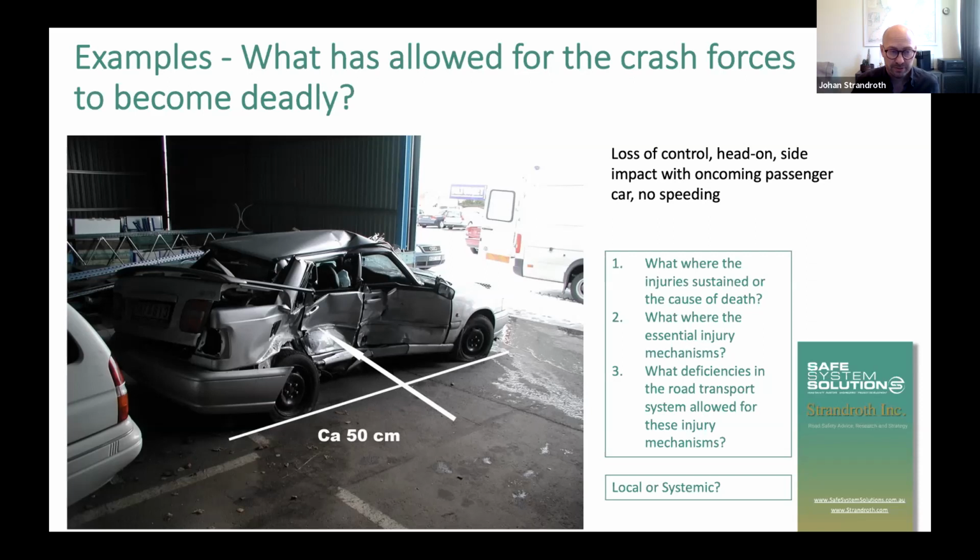But the passenger survived. Oh, sorry, the driver survived, experiencing almost the same acceleration level, but not the head impact and the rib fractures. So what deficiencies do we have in the system that would cause this? Again, it's not really useful to say, well, if they wouldn't have been traveling on this road, or if the car was just flying over or something else.